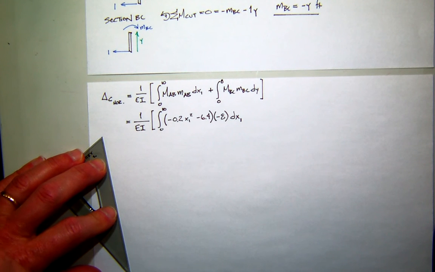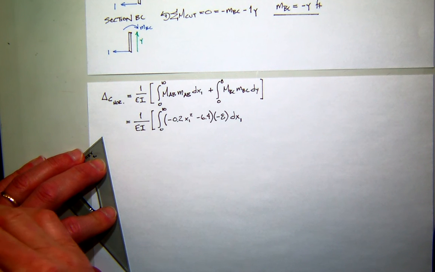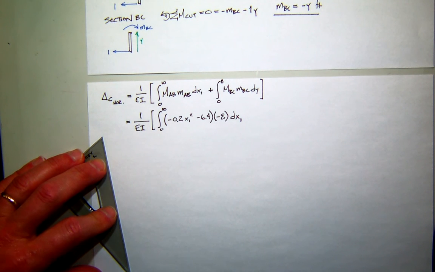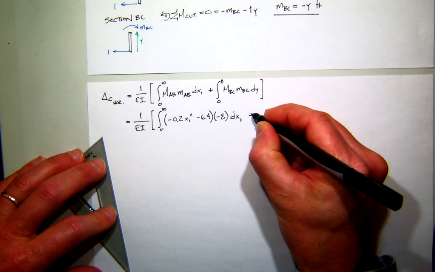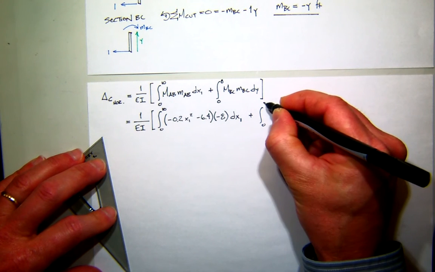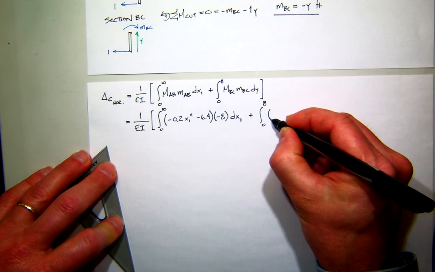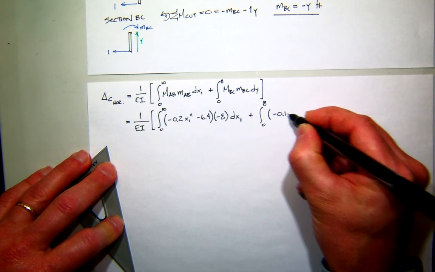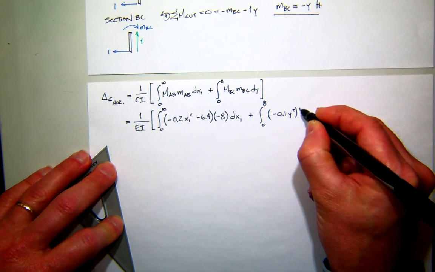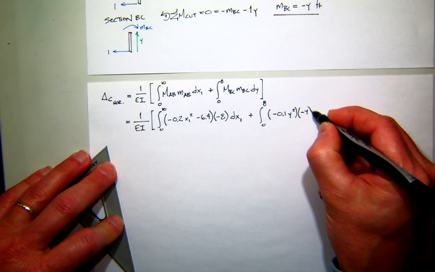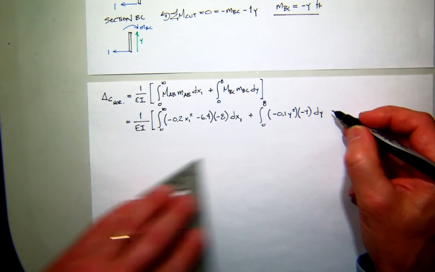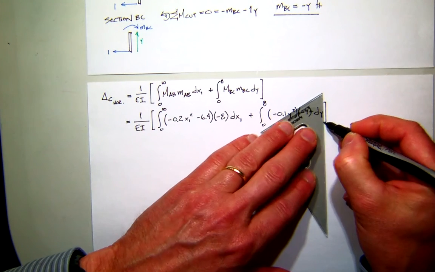So the only difference here will be 1,000. We'll be off by 1,000. That's my fault. So my answer is in kips. If you do it in pounds, you'll just be 1,000 times more than me. But remember, E is in kips, so eventually it'll all work out because we'll have to get the units back square. And then finally, from 0 to 8, the real moment was equal to negative 0.1 y squared, and the virtual moment was negative y. So there it is.